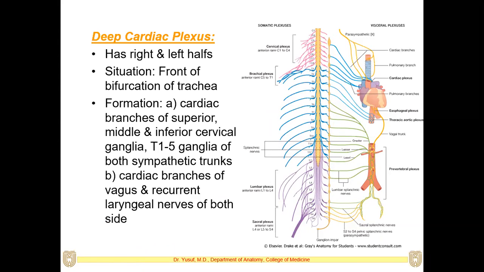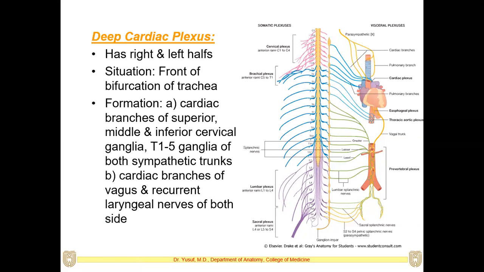So the heart is supplied externally by the superficial cardiac plexus as well as the deep cardiac plexus, consisting of both the sympathetic and parasympathetic components. Parasympathetic is mainly by the vagus, and the sympathetic is from the cervical ganglions as well as the upper thoracic ganglia, T1 to T5.